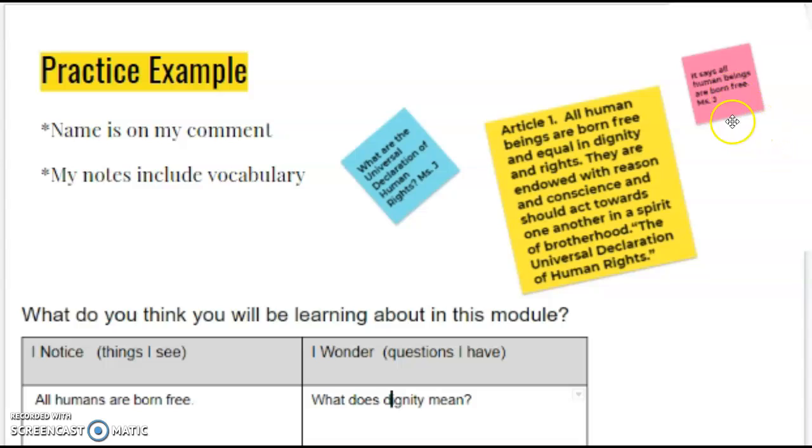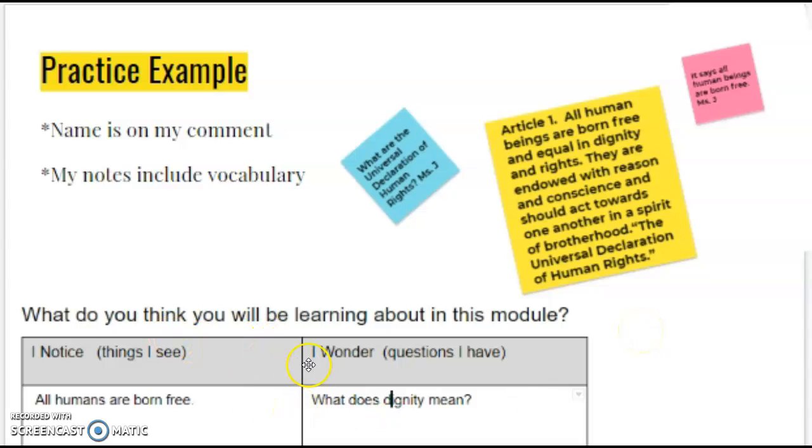So I wanted to add to that comment by saying it says all human beings are born free. I thought that was interesting, so I just made that sticky note here and commented there. So when you go into Jamboard, you'll be able to comment on each other's ideas. Please be sure your name is on there, and also include specific vocabulary from the resource.